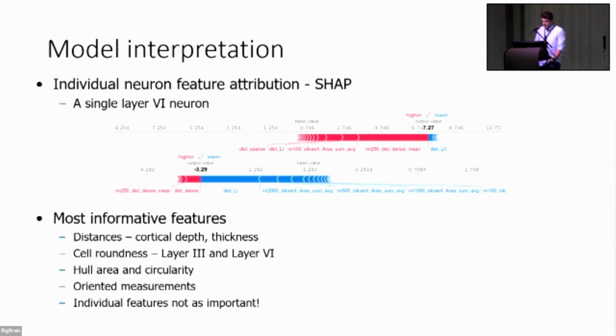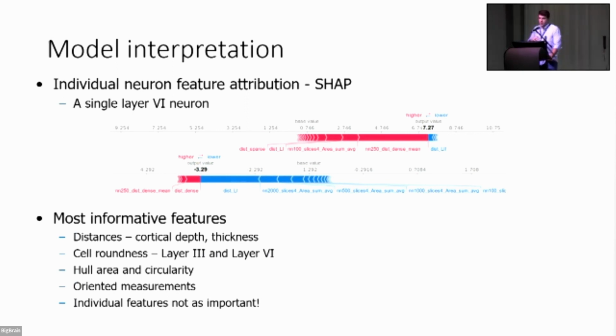Using, perhaps you're familiar with, the SHAP approach and the Shapley values. It's from game theory, how much each participant helps in finding a solution in an optimization problem. We can say, for instance, for this particular layer 6 neuron, this and this feature contributed mostly for this neuron to be classified as a layer 6 neuron, or which of these features helped it not being classified as a layer 2 neuron, for instance.